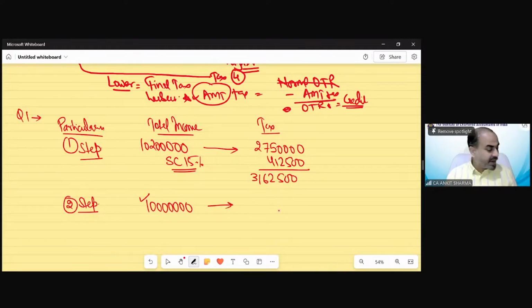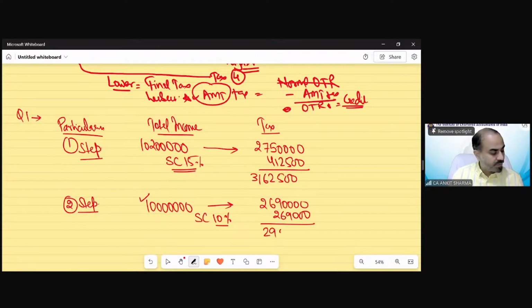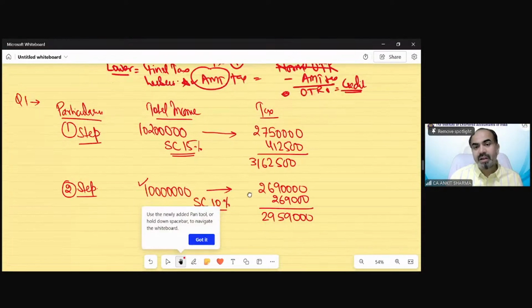Up to rupees 1 crore, the tax liability as per the default tax system is going to be this. Now the surcharge would be 10% on this, 2,69,000. Total tax liability would be 2,959,000.